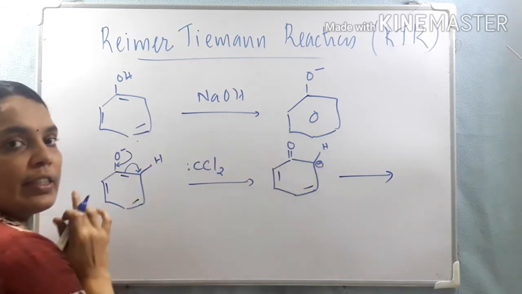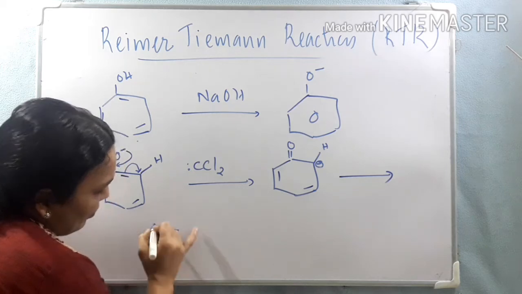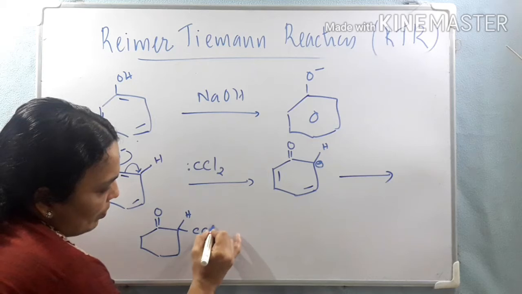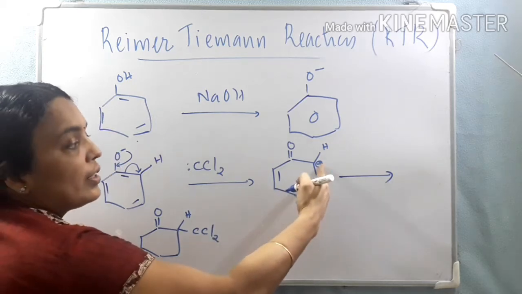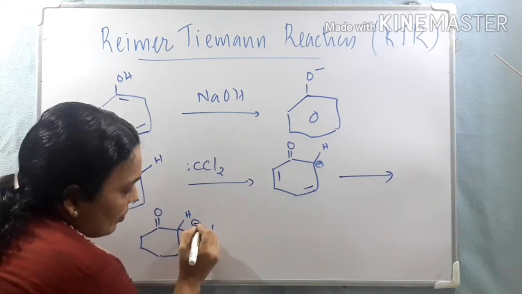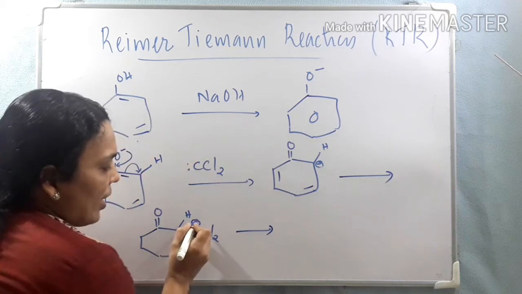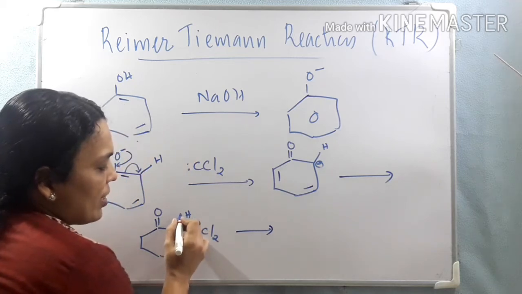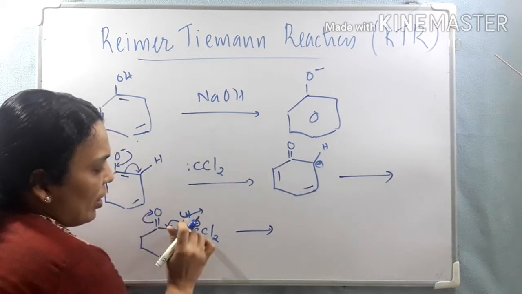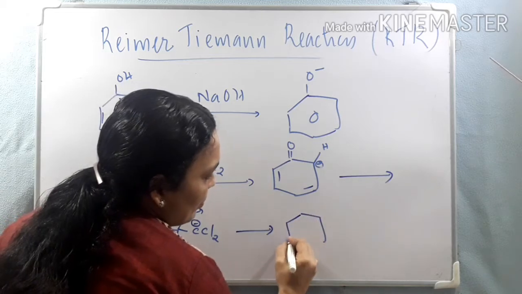CCl2 moves towards this ortho position and forms this intermediate. Now there is a rearrangement. So this H plus ion moves here, electrons shift, and the H plus ion moves to this carbon atom.